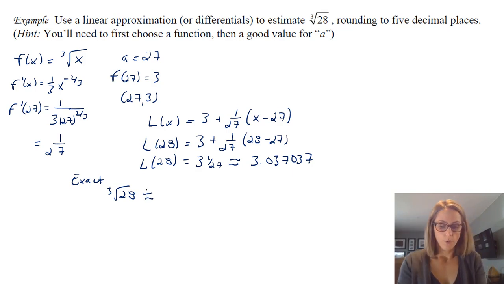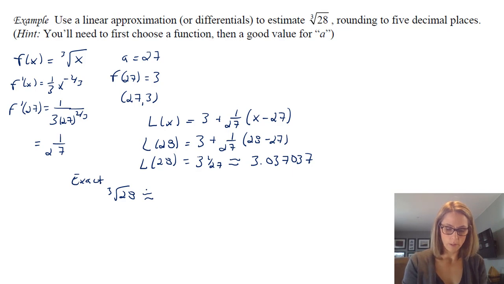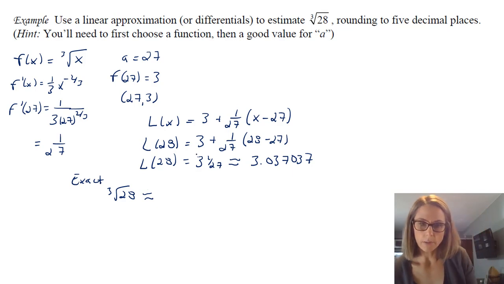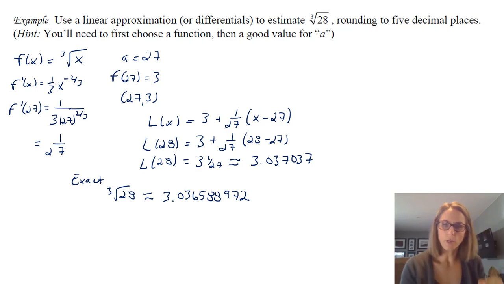So if we do the cube root of 28, I'm going to do 28 to the 1/3, a little easier, I like it. And that's going to give us 3.036588972. We don't need all those decimal places, I'm just trying to show you.